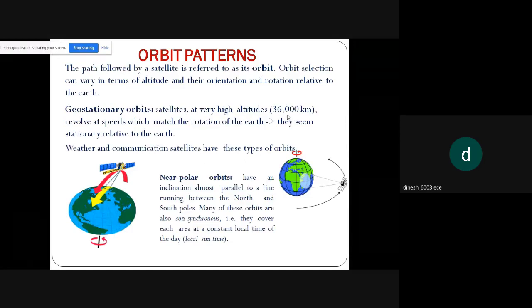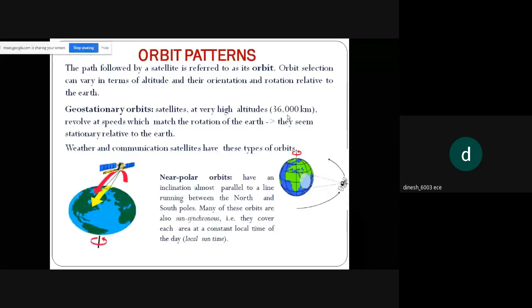We will now define the geostationary orbits. The geostationary orbits are placed at very high altitudes of approximately 36,000 kilometers, as I said just now, revolving at a speed equal to the rotation of the Earth.